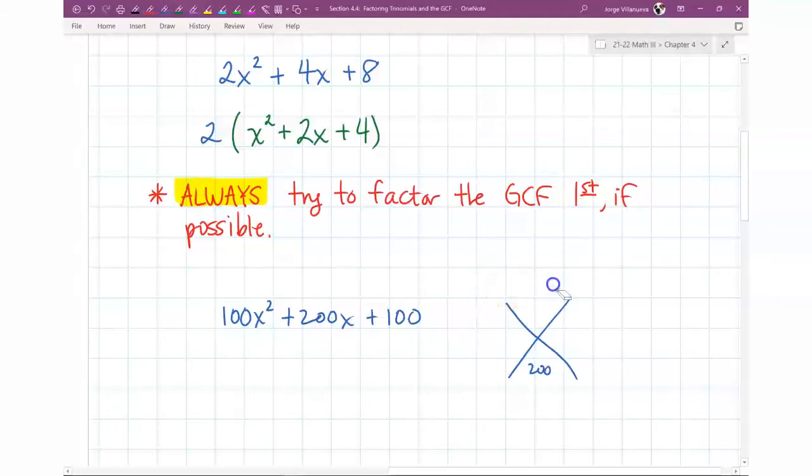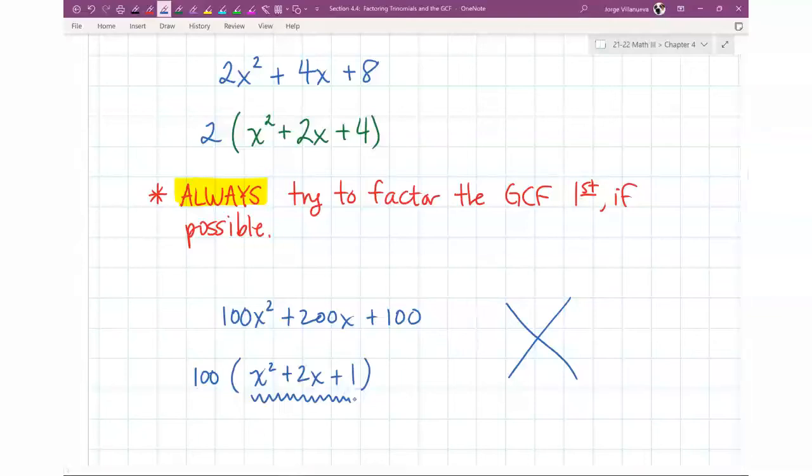So there's a better way to do it. Factor out your GCF, which is 100. That's what they have in common. And this is what you end up with. And this is really easy to factor. Okay? So that's why they tell you always try to see if you can remove something.